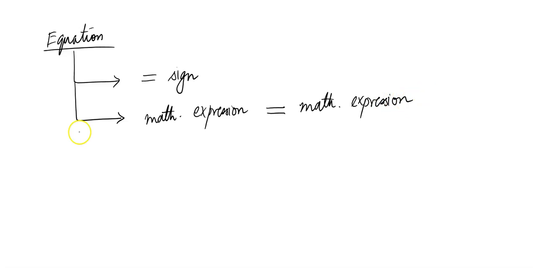That is an equation. So when we say mathematical expression, it is a collection of symbols and numbers, but it does not have any equal sign in it. So it is just an expression that is talking about an operation, a plus or a minus or a multiplication or a division. But when I have two expressions set equal to each other, then we call that an equation.